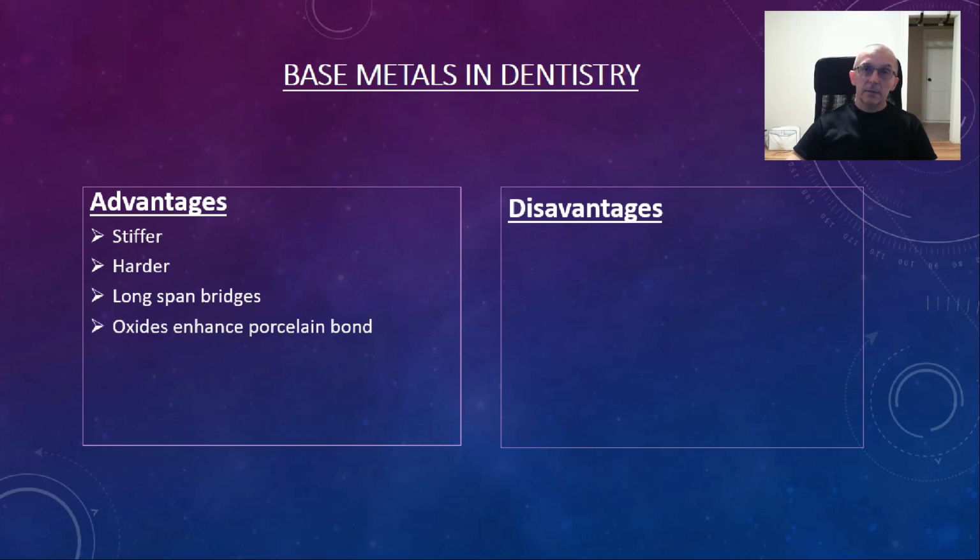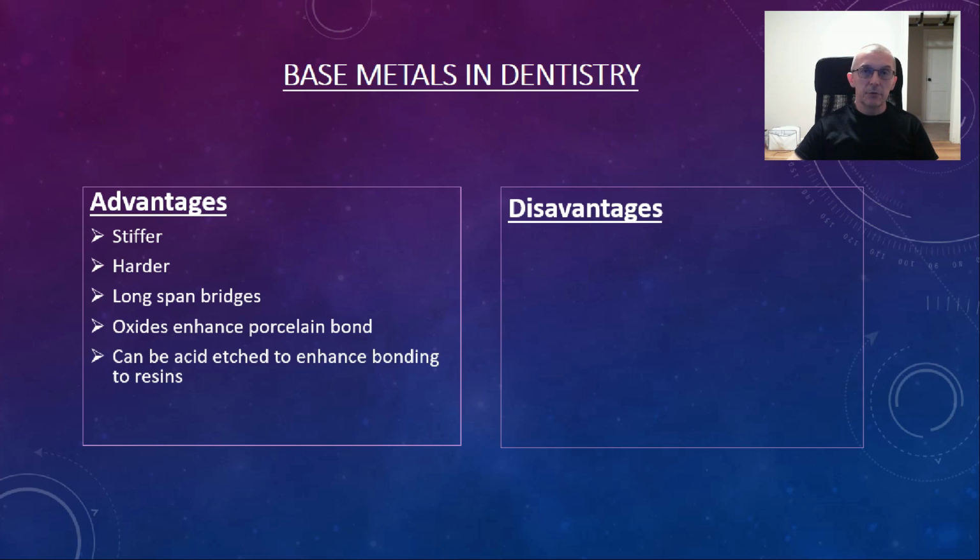The oxide, I said before, enhances porcelain bond, but not if it's too much oxides. Too much oxides will hinder the porcelain bond because it creates a space between the metal and the porcelain. Base metals can be acid etched because of their grain structure.